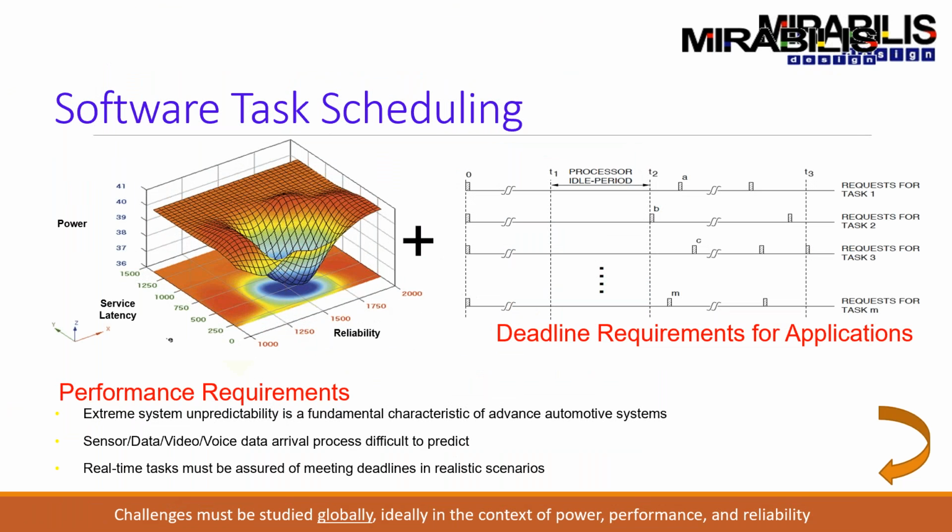Now, one of the challenges that arises now that everything is turning electronics is being able to predict the unpredictable, which is the fundamental characteristic of my particular system, which is looking at, for example, how am I scheduling my design, in terms of the different tasks, and what is the arrival date of the data, video, voice, any combination of traffic, and then looking at what is the response time it takes in terms of the deadline.